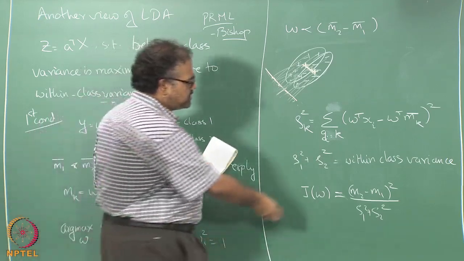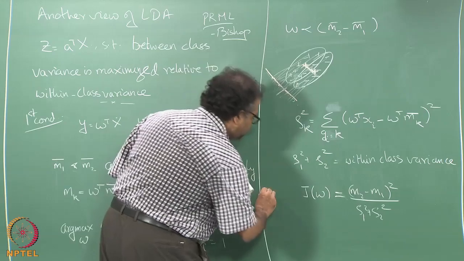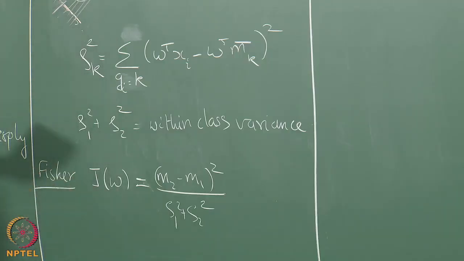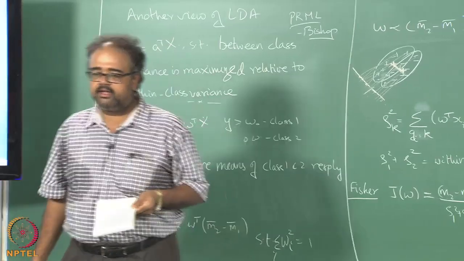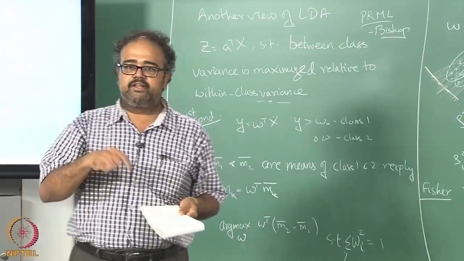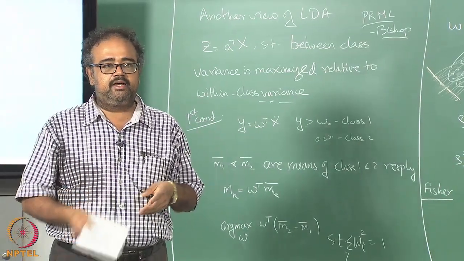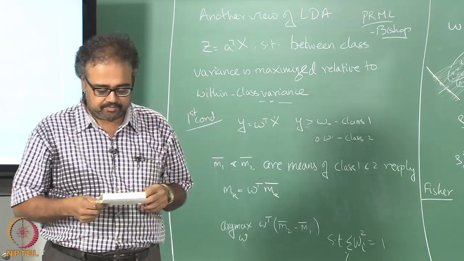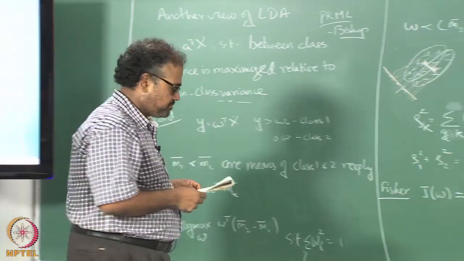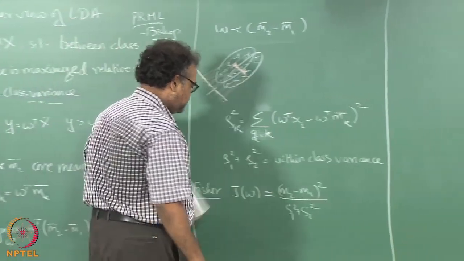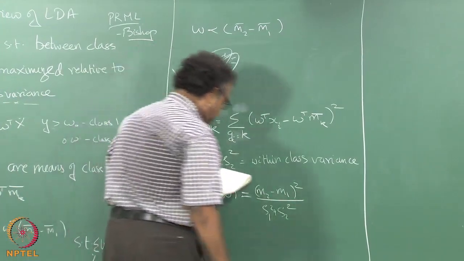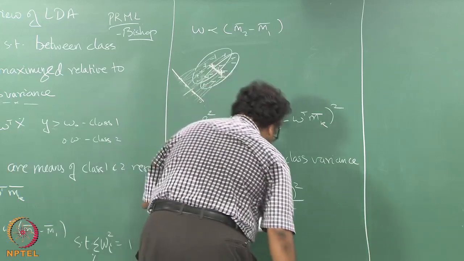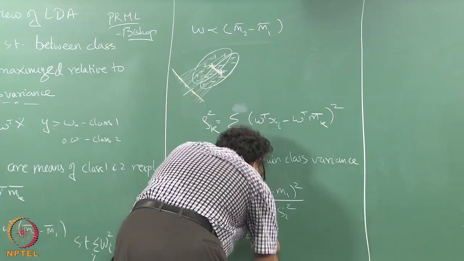Right. So this criterion is called the Fisher criterion. It's called the Fisher criterion after Fisher, who was a very famous statistician who came up with LDA several decades ago. So here I am going to do something confusing.